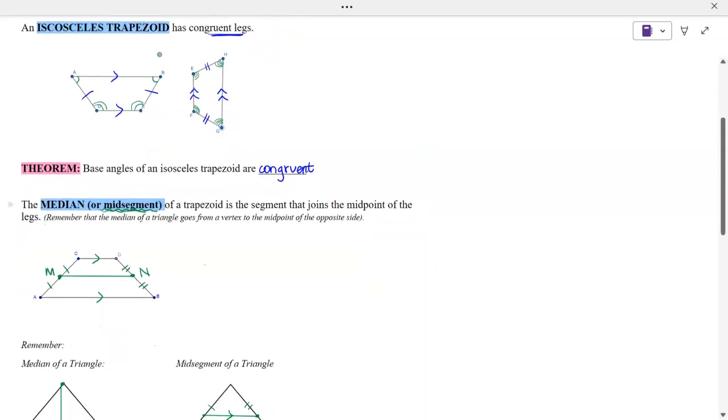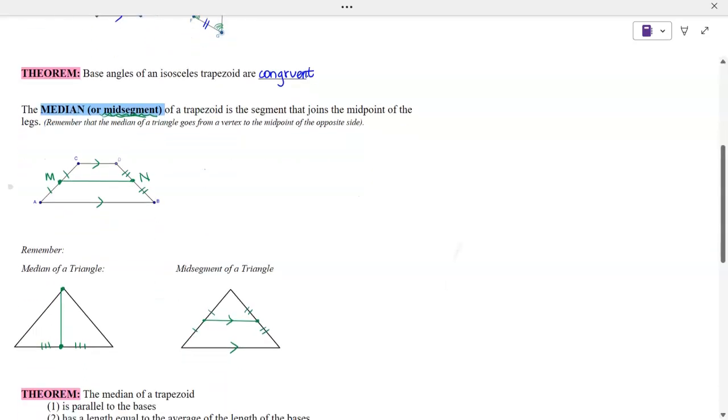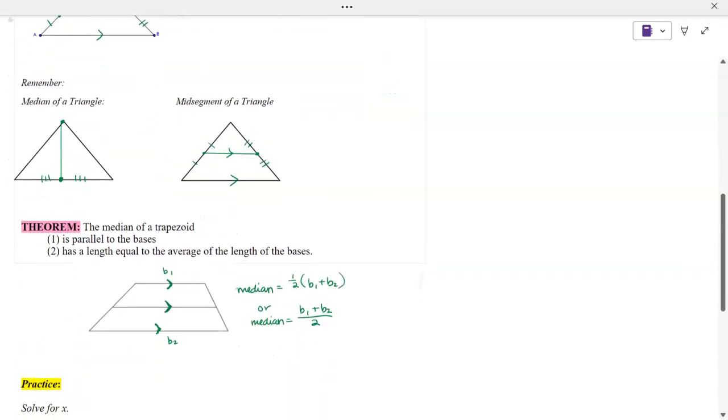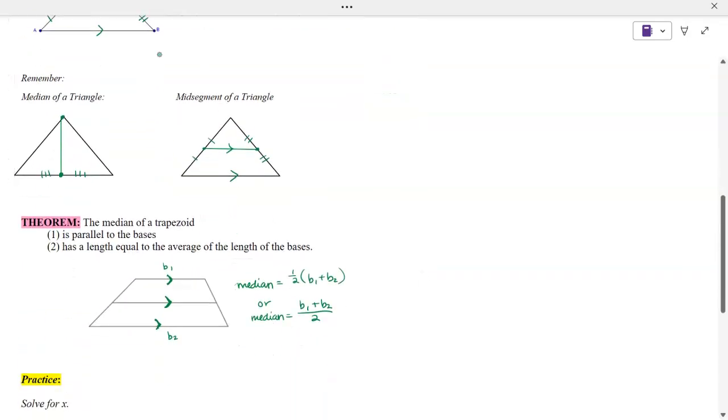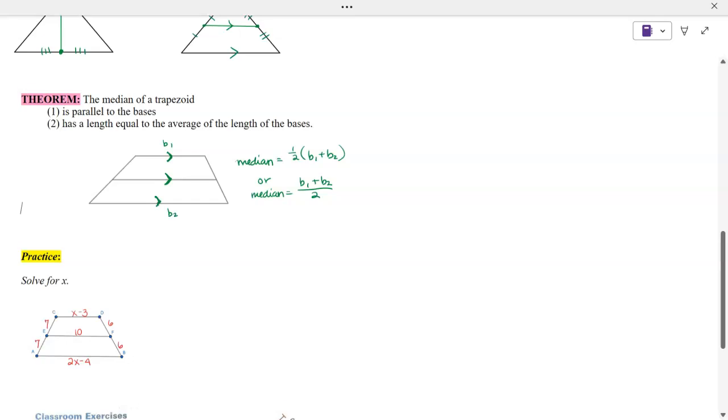Then once we learned what a median or a mid-segment of a trapezoid is, which is just the segment that joins the two midpoints of the legs, we learned that the median of a trapezoid is going to be parallel to both bases, and that median of the trapezoid is going to be the average of the lengths of the bases. Or you can say it's 1/2 of base 1 plus base 2, or you could write it as base 1 plus base 2 all divided by 2.